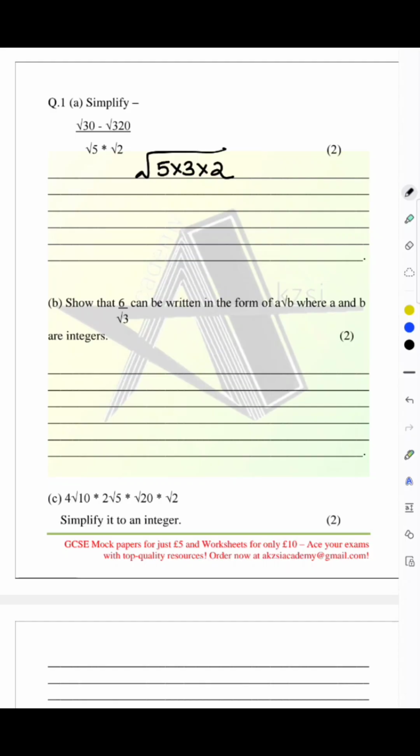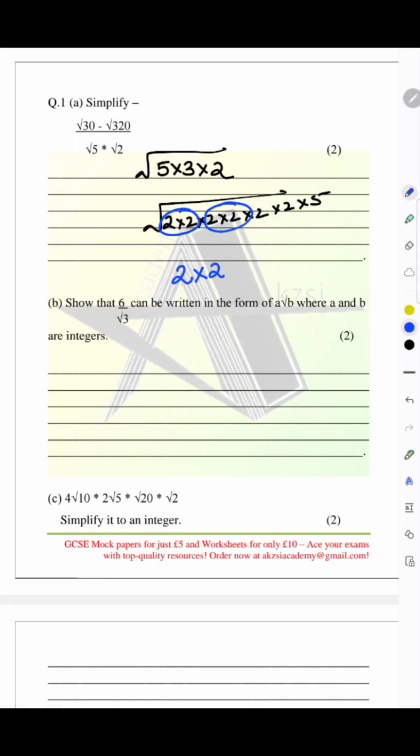Moving on to root 320. Root 320 can be written as 2 times 2 times 2 times 2 times 2 times 2 times 5. This is how you factorize it. This is the first method, prime factorization. You have to find the pairs. One pair, I'll write 2, because root 2 times root 2 is just 2.